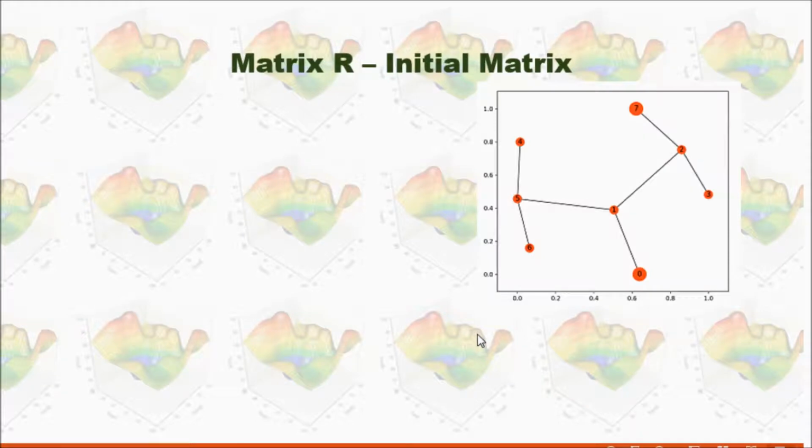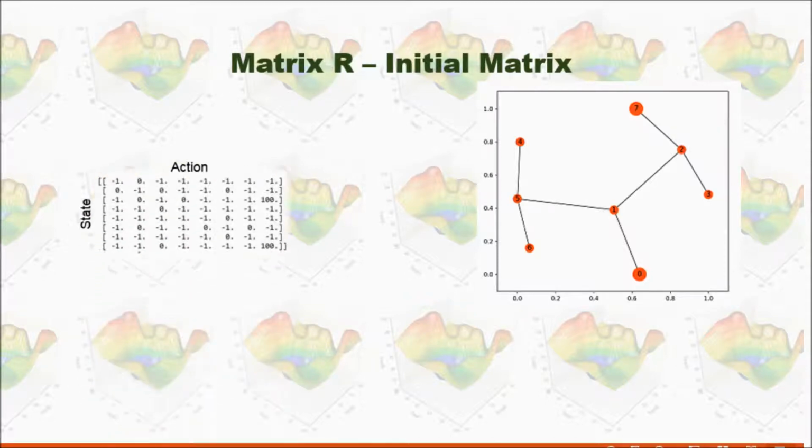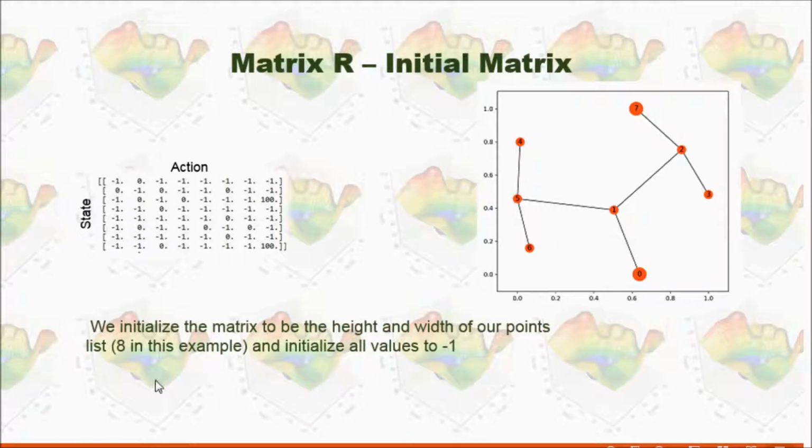Okay, so we will make a matrix for this agent, and through machine learning, we will let the agent figure out the best route. Let's check out this matrix. We will initialize this matrix to be the height and width of all points listed.